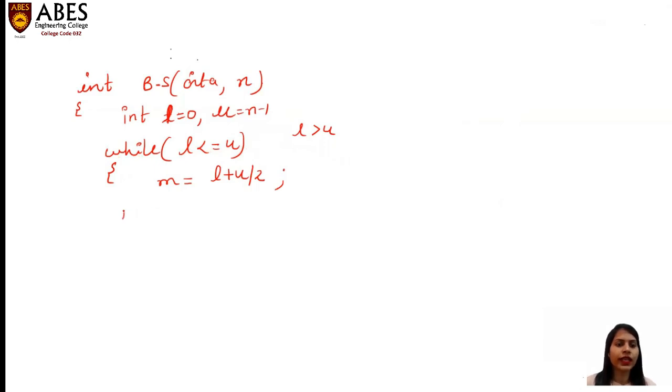After this, we are checking all 3 conditions, whether the key element, here we define one element, key element. If the key element is equal to the middle element, then we return the mid position.